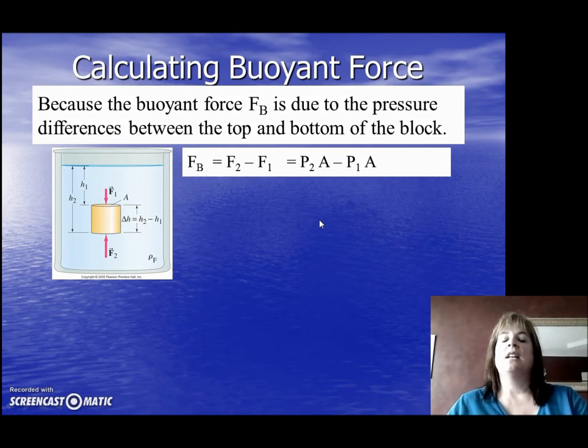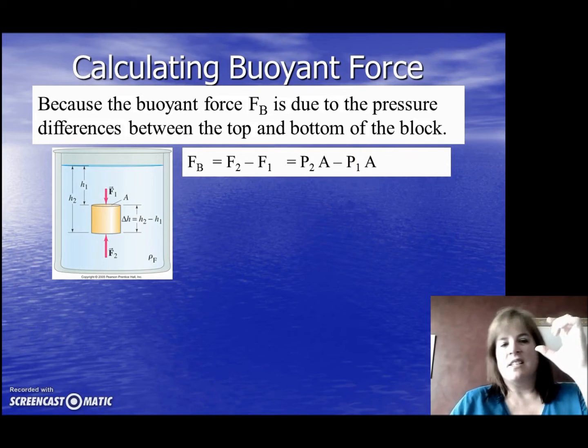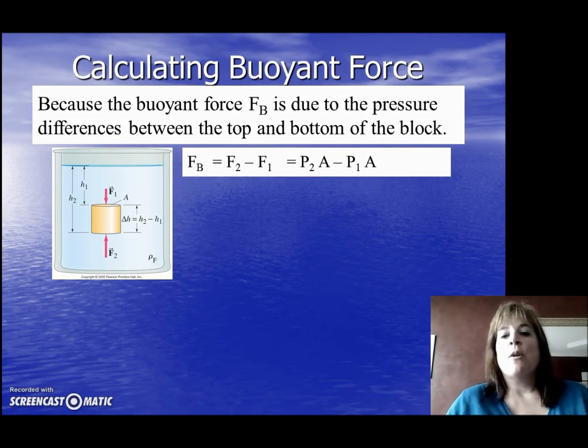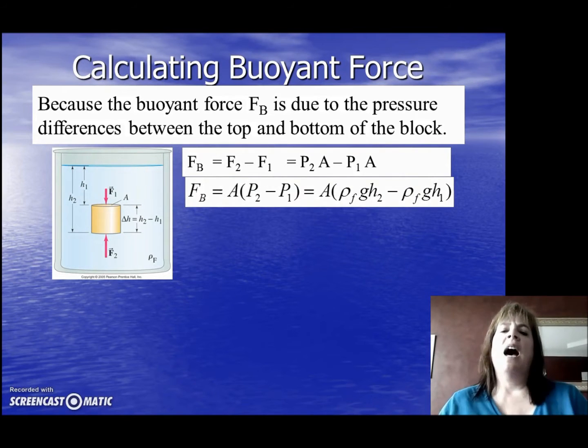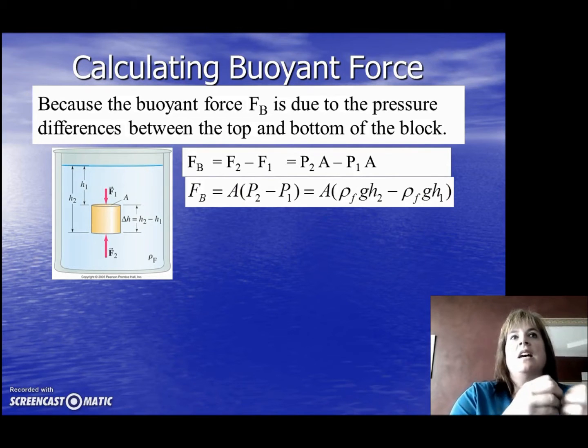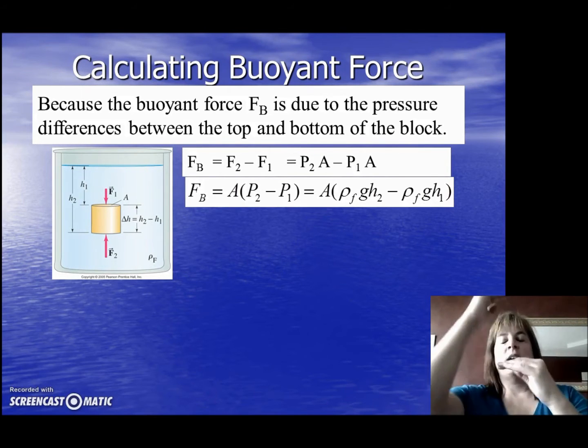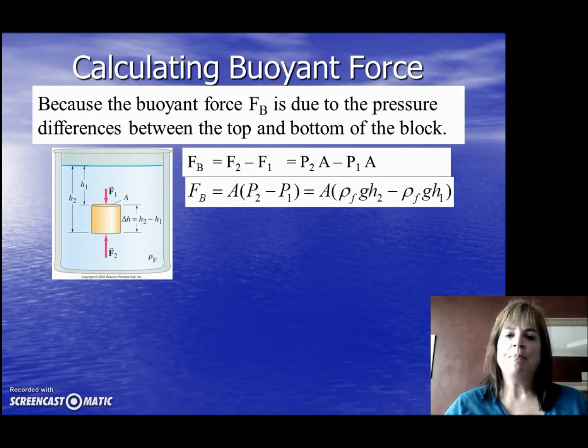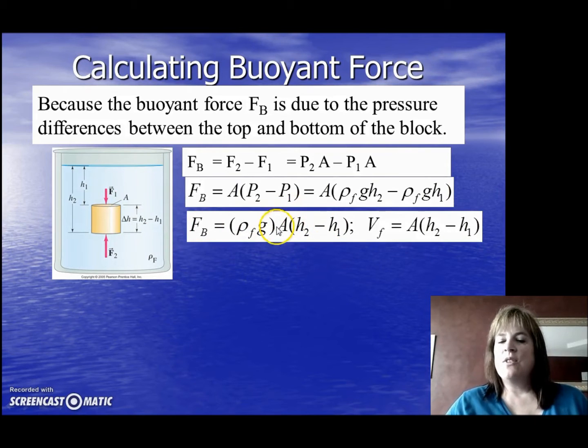Of course, we can simplify this a little and take the area out, since the area is the same for both for this uniform object. And I can substitute in my pressure equation. Remember, pressure was the density of the fluid times gravity times the depth in the fluid, or the height. We can simplify this a little more, because h2 minus h1 really is just the difference in height. And when I do that, now I have an area times the difference in height, or the height of this object, which is a volume.